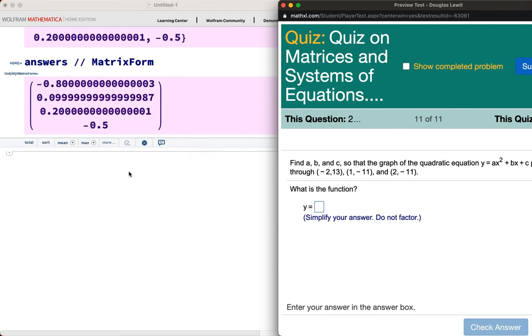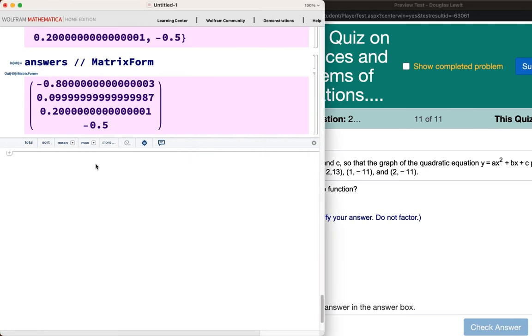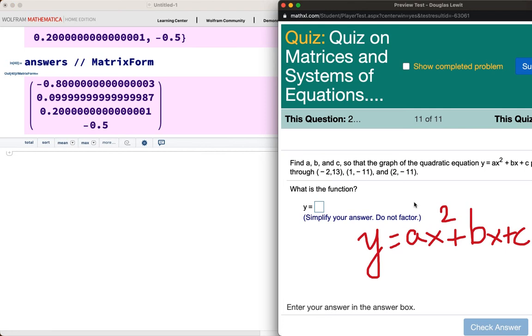Okay, so what are we supposed to do here? We have the function y is equal to ax squared plus bx plus c.